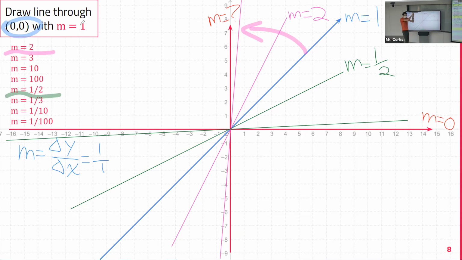What if it's just one tiny step away from that, sort of infinitely steep? We had this line of m equals 100. If we go steeper and steeper, what are we approaching? Infinity, right. An infinitely large slope is almost vertical. It's extremely close to that.